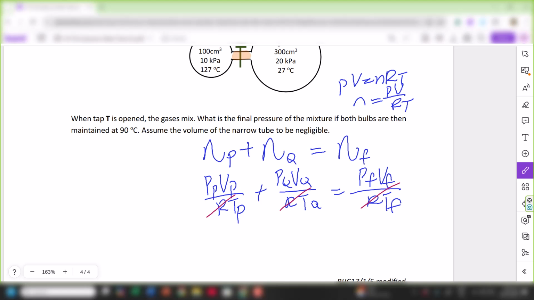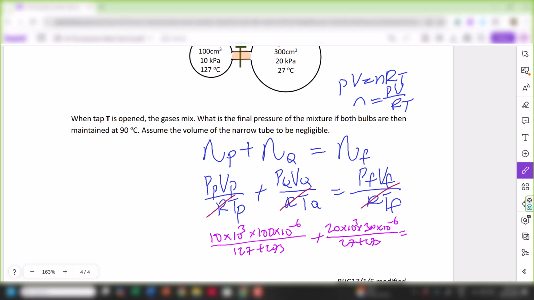Then what we're going to do now is just to sub in everything. P_P will be 10 times 10 to the power of 3, multiplied by 100 times 10 to the power of minus 6, over 127 plus 273. Then plus P_Q, that will be 20 times 10 to the power of 3 times 300 times 10 to the power of minus 6, over 27 plus 273, equals the same thing.